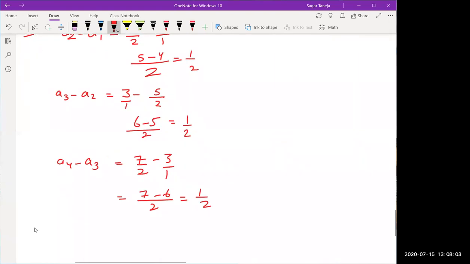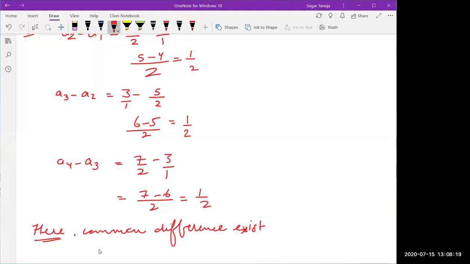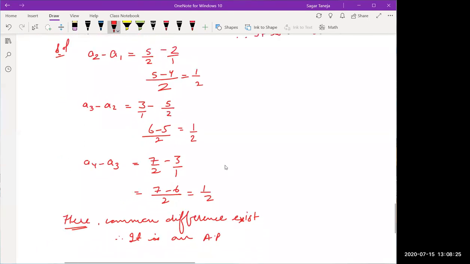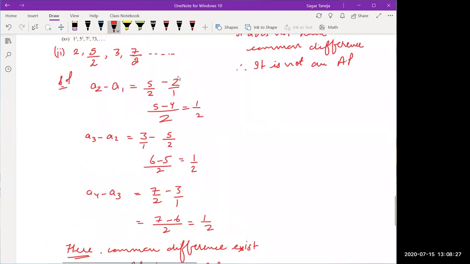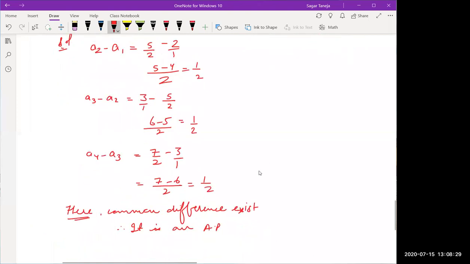So here a common difference exists. Therefore, it is an AP. As there is a presence of common difference, as the difference is the same between the consecutive terms, we can say that it is an AP.